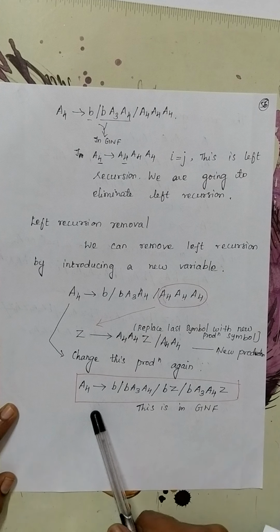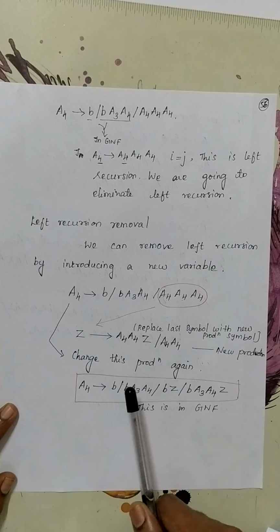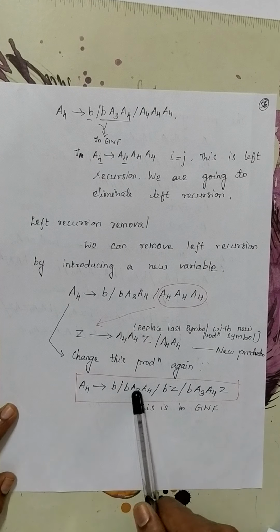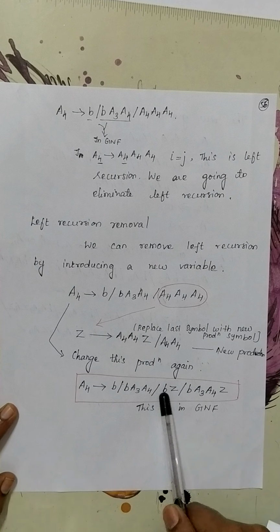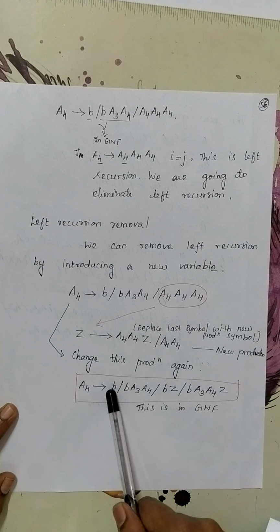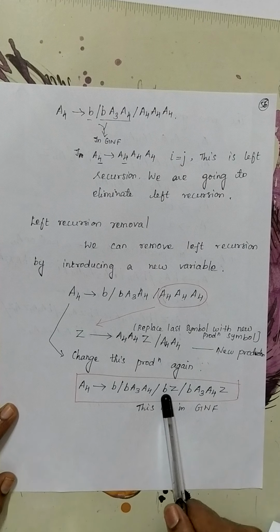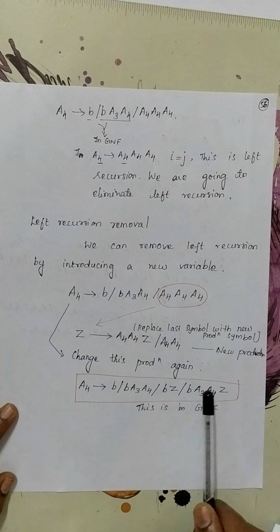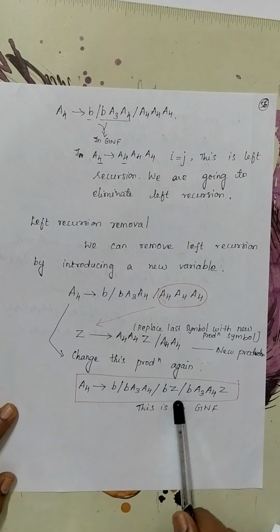We know the condition for GNF is a terminal, or a terminal that is followed with variables. So it is of the form GNF definitely. This is a single terminal, terminal followed with variables, terminal followed with a variable. So definitely this is in GNF.